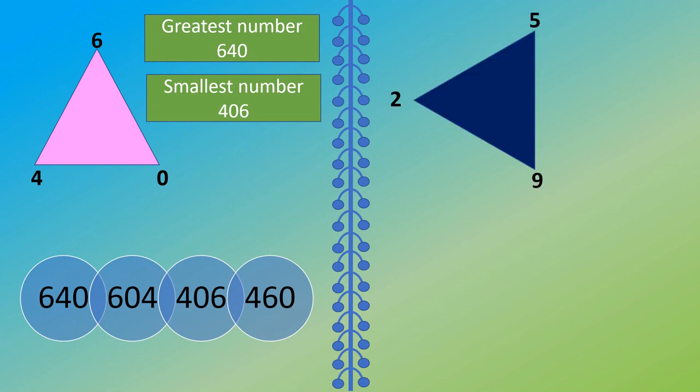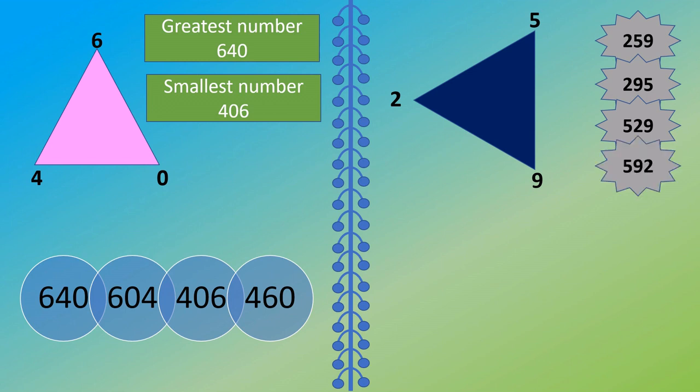Children, remember to use the given digits only once and you can make as many numbers as you can. But now we will make only 6 numbers here. So let's start. With the given digits we can make 259, 295, 529, 592, 925 and 952.